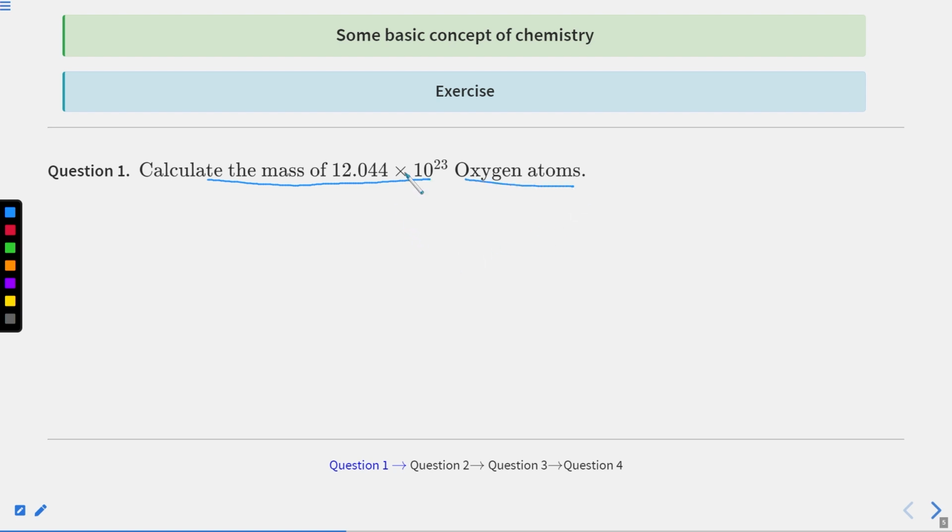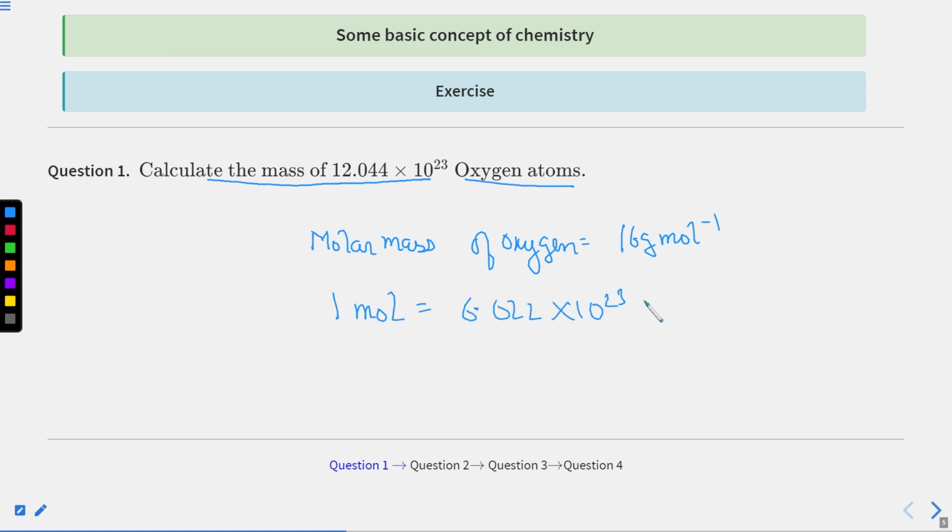From the definition of the mole, we know that the molar mass, or atomic mass, of oxygen is 16 gram per mole, which is the mass of 1 mole of oxygen, and 1 mole contains 6.022 into 10 to the power 23 atoms of oxygen.